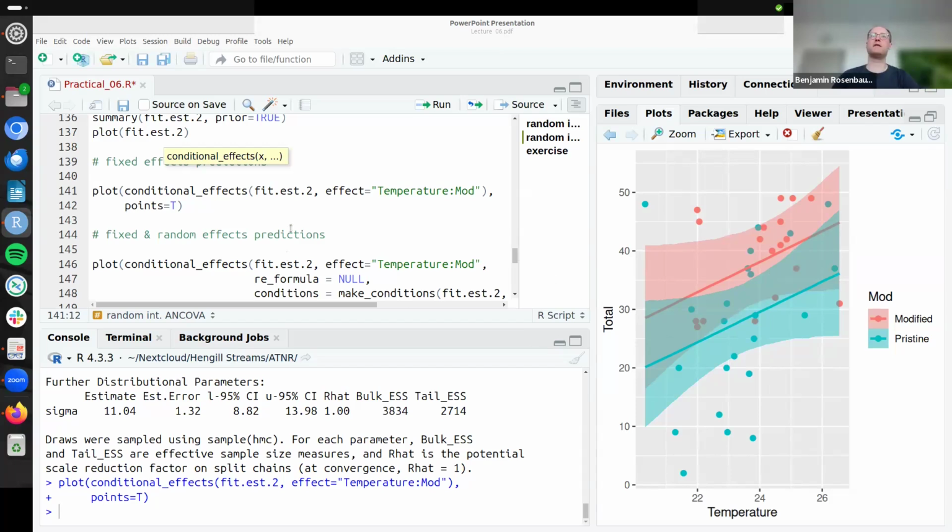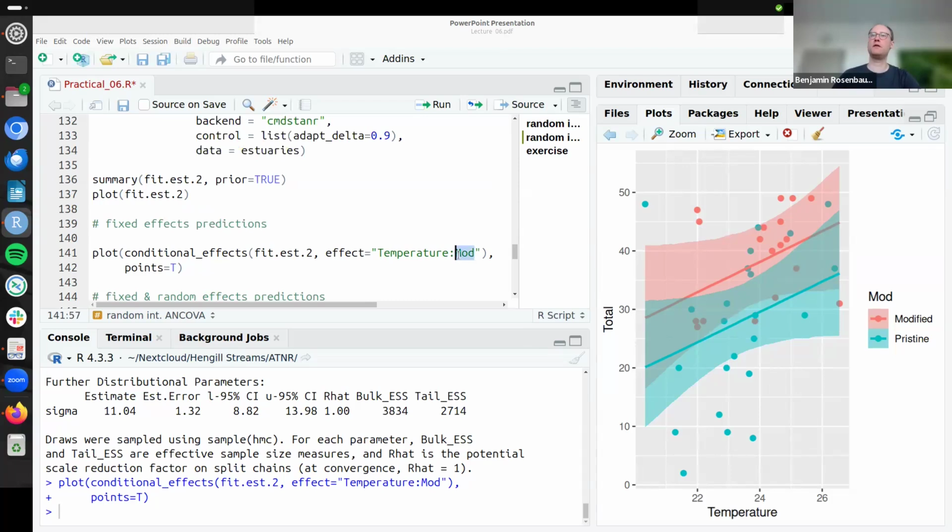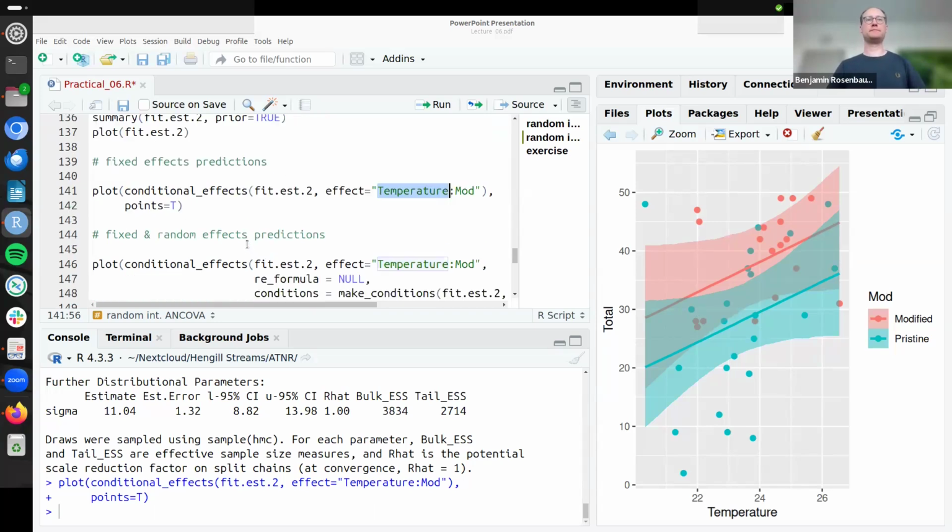And since this is temperature and modified pristine, temperature is a continuous predictor. So these will be 2 regression lines. And yeah, there's some uncertainty involved. And here in this case, we averaged out these different intercepts of estuary, but here we modeled these different intercepts of modified versus pristine.